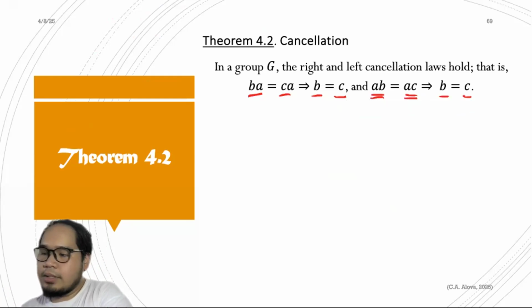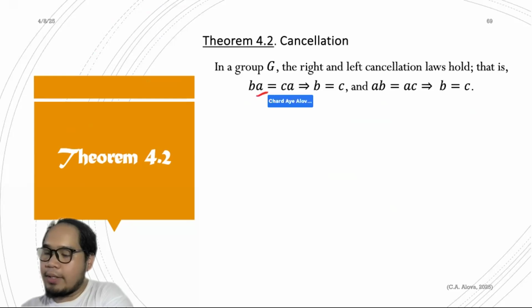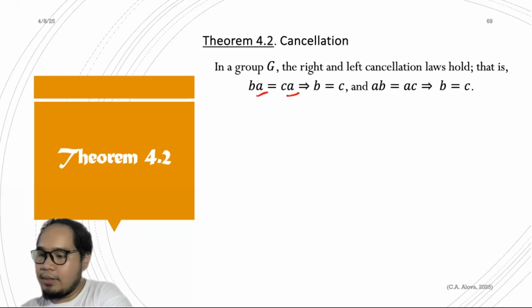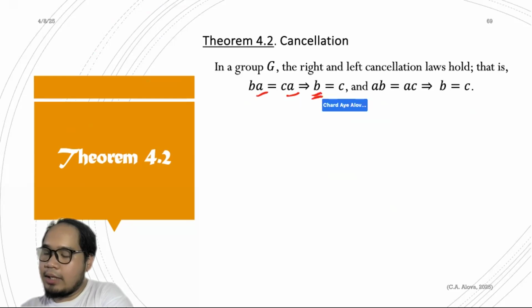So notice, let me just explain this very quickly in the most practical way. When we cancel in groups, both elements should be on the right side of the equation, so that we can state that the unique left sides are equal.